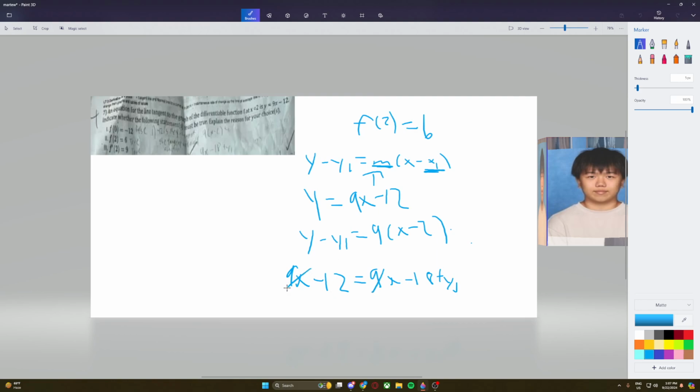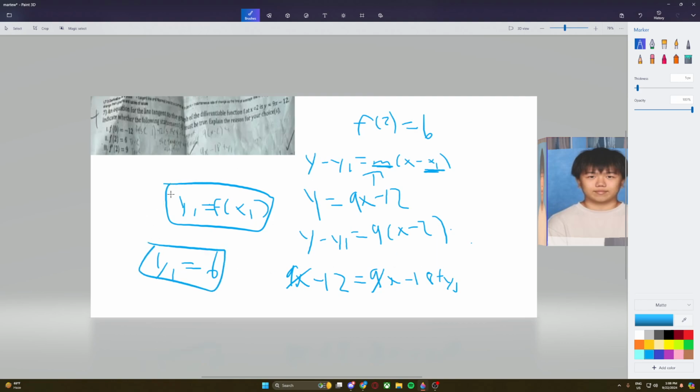These 9x's cancel out, plus 18 on this side, so y1 equals 6. And did you know that y1 is equal to f of x1, and 2 is x1? There you go.